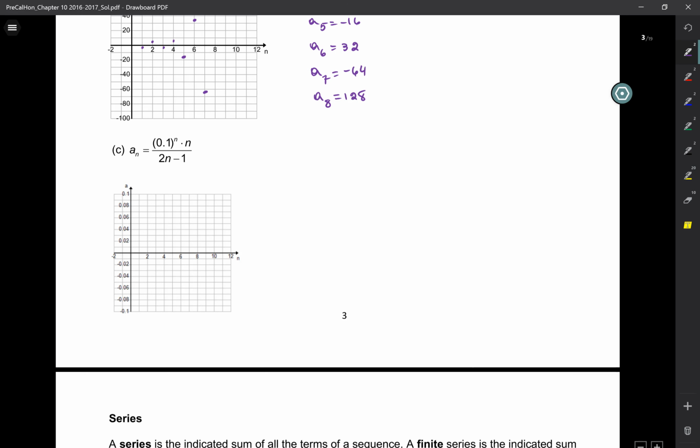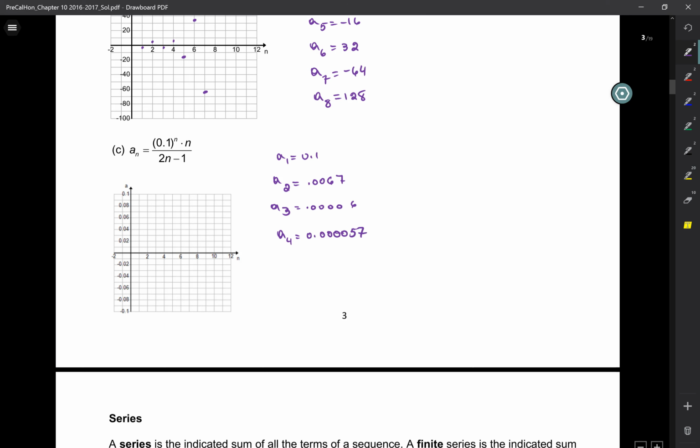Let's take a look at this one. So same situation. This time we don't have a negative to the power of an exponent, right? So we can't say that the terms are going to alternate. A1 is 0.1. A2 is 0.0067. A3 is 0.00006. A4 is 0.40 and 57.